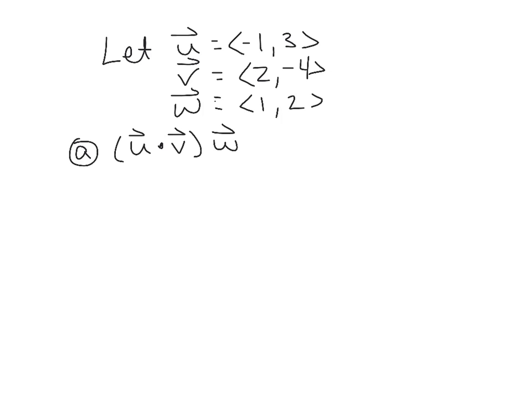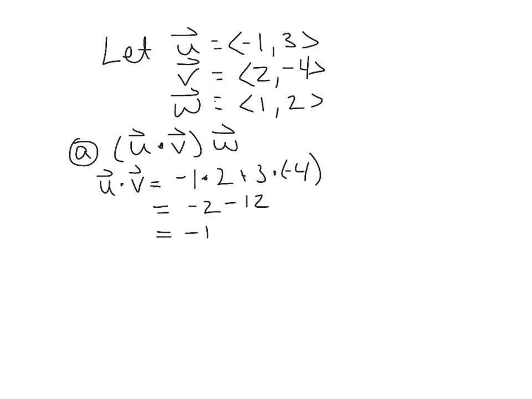So what I'm going to do is I am going to do U dot V first, which equals -1 times 2 plus 3 times -4. And that equals -2 minus 12, which equals negative 14.